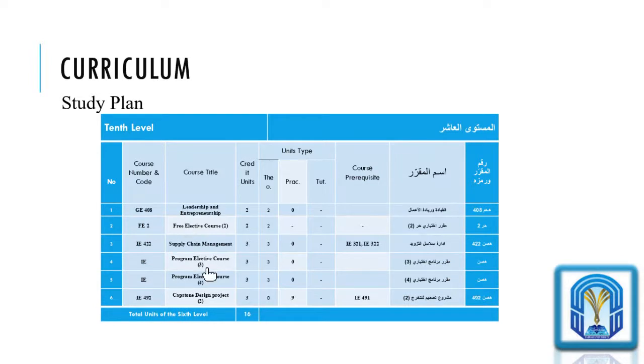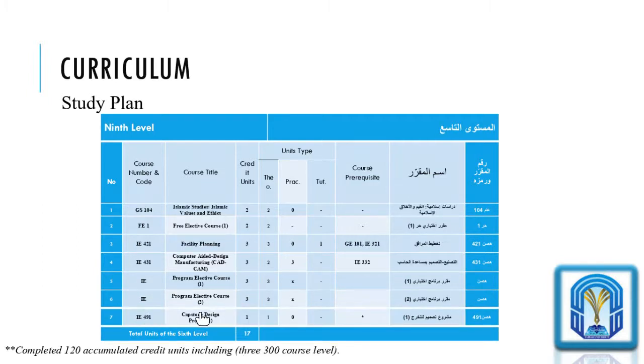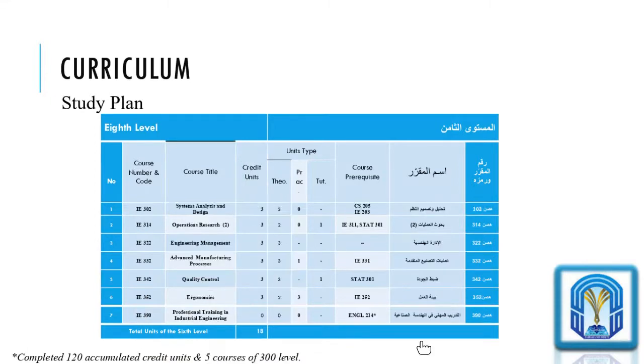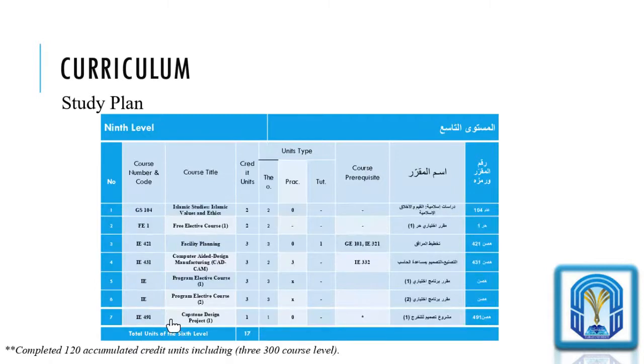In the last semester, the capstone gains 3 credit hours. To register for capstone 1, you have to make that request a semester previously, prior to the 9th level. In the 8th level, after you accomplish that semester, you contact the department to say you are eligible to take 491, and you start searching for your advisor and selecting your topic before the semester starts.